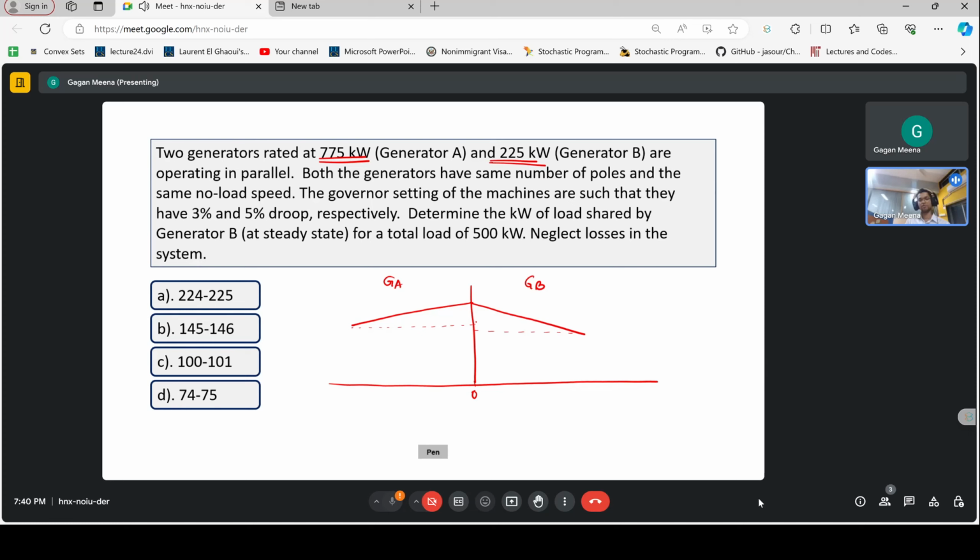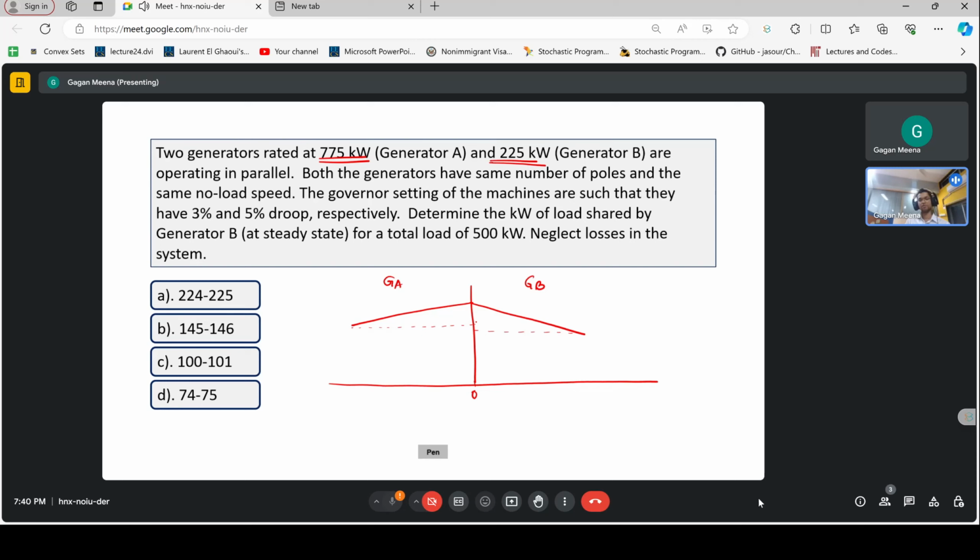This is some frequency F naught, and this is some frequency F, and this is droop, 5% droop.